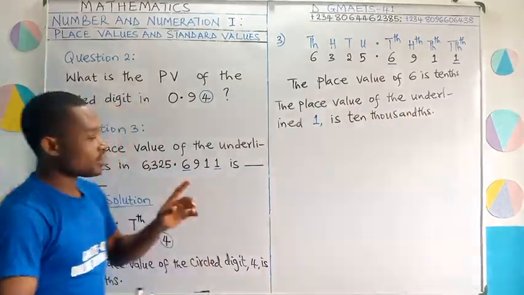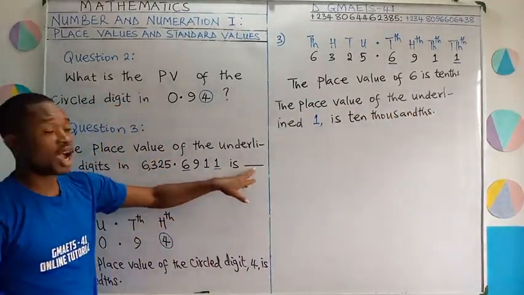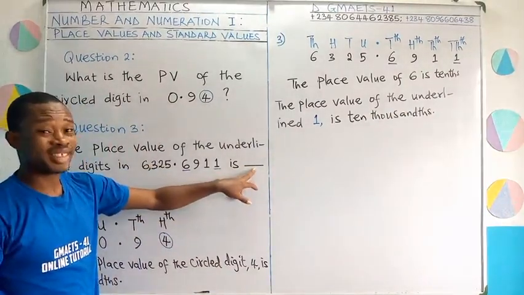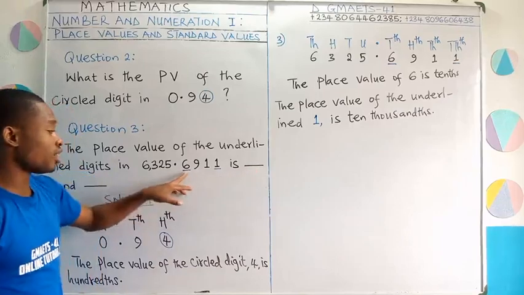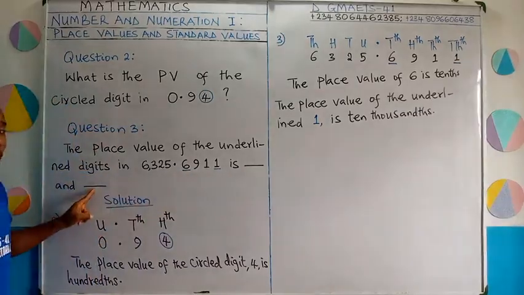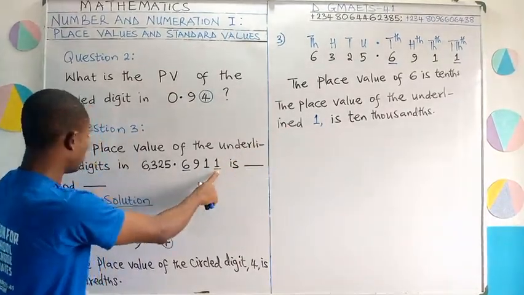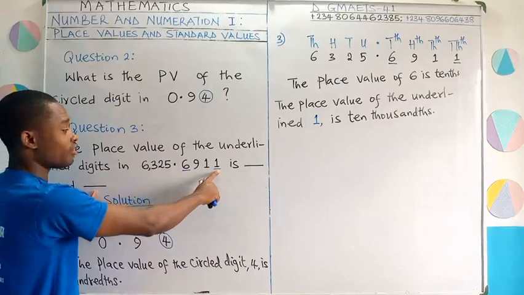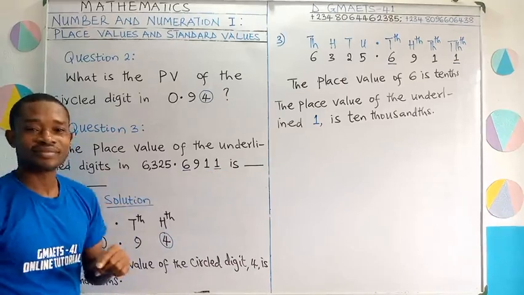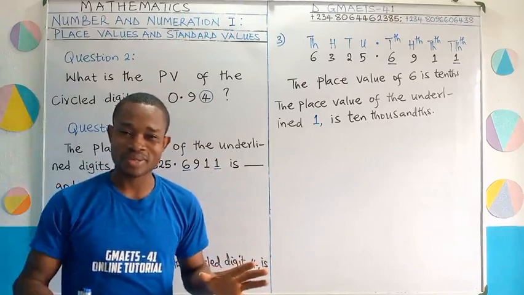And that's simply the answer to this question, which means this dash, this gap, will be filled with tenths, representing the place value of 6. And then this gap, this dash, is meant to be filled with ten-thousandths, representing the place value of this underlined 1. And that's how simply we solve this question.